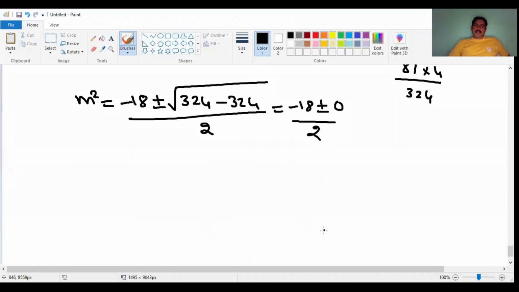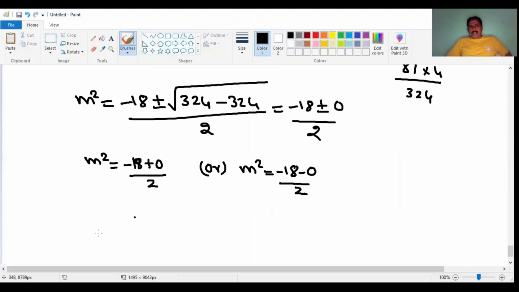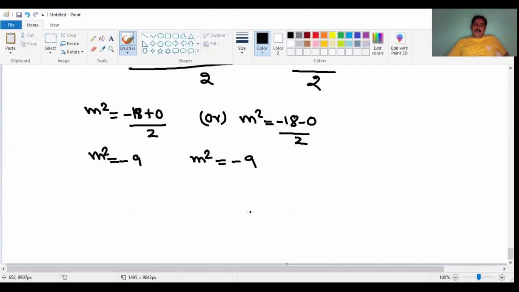So we get m square equal to minus 18 plus 0 by 2 as one value, or m square equal to minus 18 minus 0 by 2 as the other value. Therefore m square equal to minus 9, and here also m square equal to minus 9.